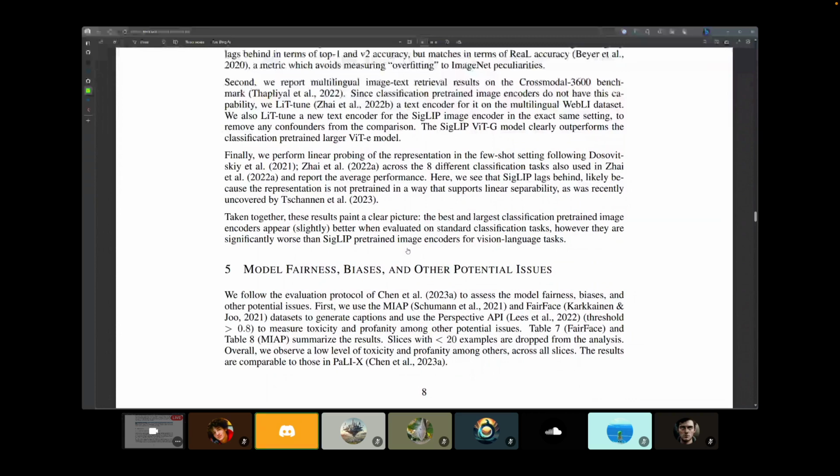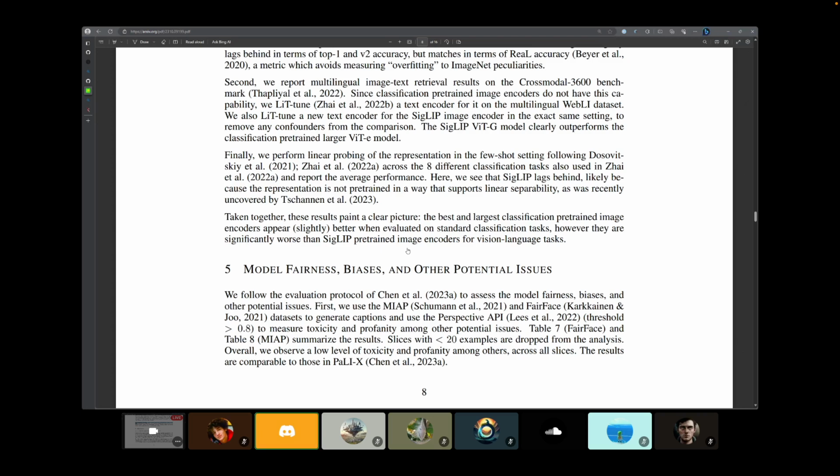We also LiT-tune a text encoder for the SigLIP image encoder in the exact same setting to remove any confounders from the comparison. The SigLIP ViT model clearly outperforms the classification pre-trained ViT model.